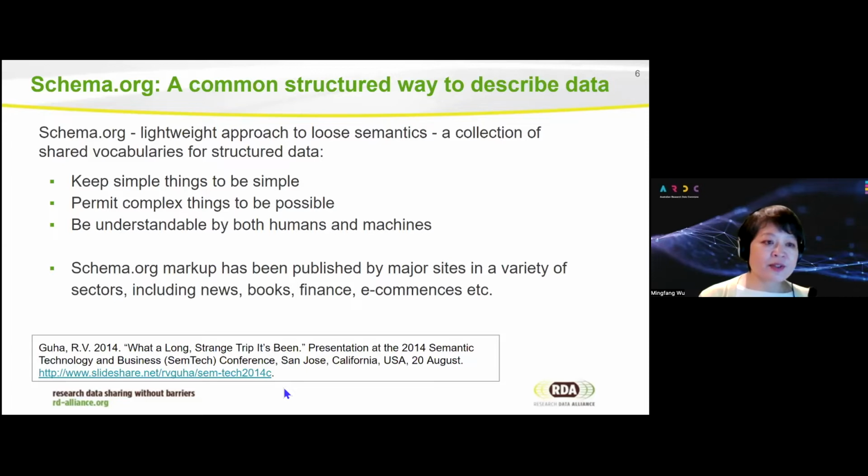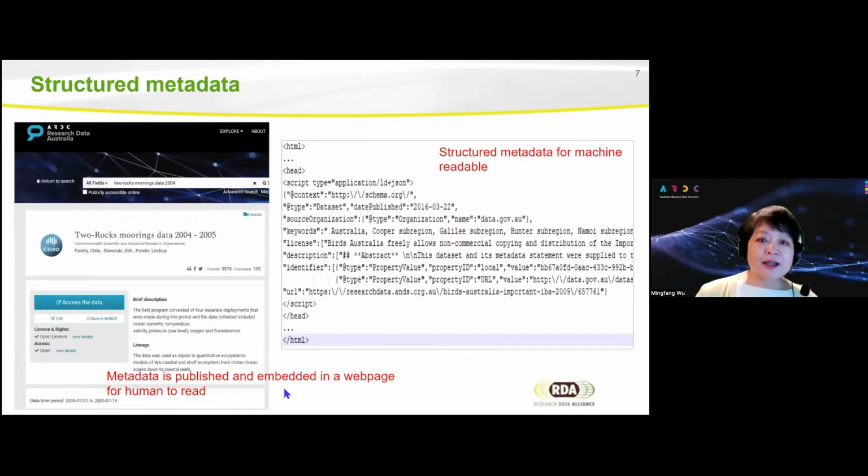Because of this advantage, schema.org markup has been published and used by many major sites on the web to mark up news, books, finance, and e-commerce, and also by research communities to mark up learning resources and library catalogs. Here is an example of structured metadata.